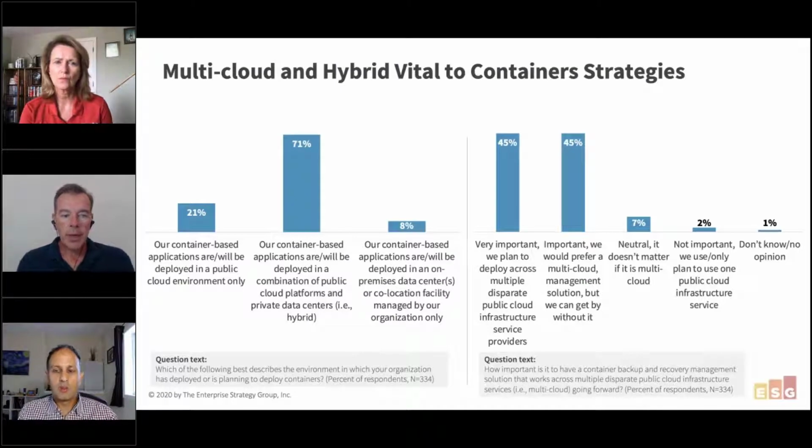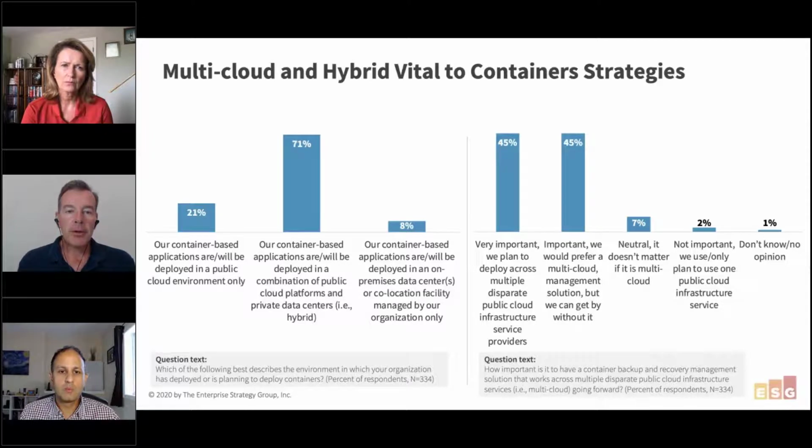Yes, absolutely. So on the left-hand side, you see the lineup in terms of where people are today. Tell us about what best describes your environment. And as you can see, it's a hybrid world. It's kind of what I was hinting at earlier. Now, there are people who are 100% cloud on the left-hand side.